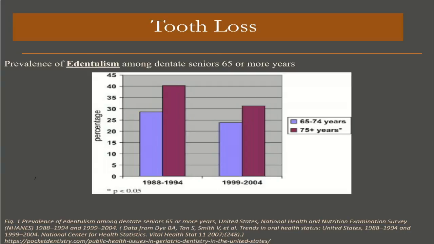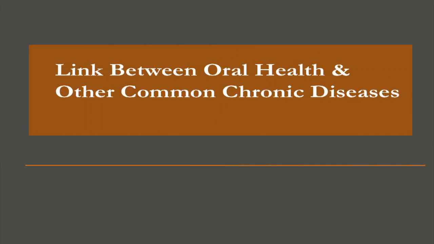However, in both groups, the incidence of edentulism was significantly increasing after the age of 75. In this next section of the presentation, we will be discussing the link between oral health and other common chronic diseases.